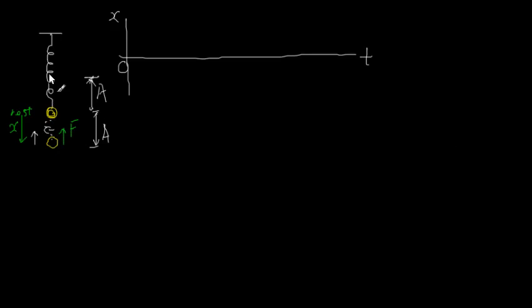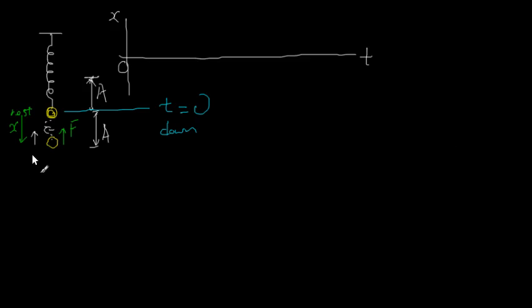So at some point it will be on its way down, and it would overshoot the rest position and continue downwards. I'm going to take that point as t equals 0. So let me write this down: t equals 0 is when the ball is going through its rest position, on its way down.